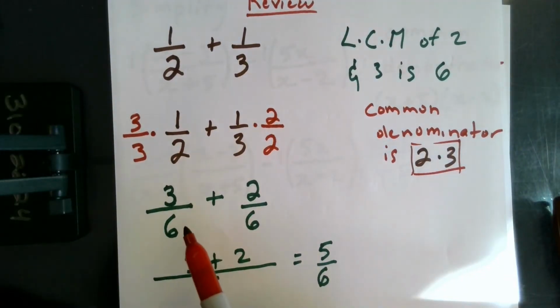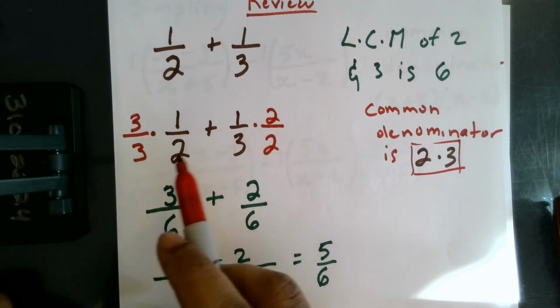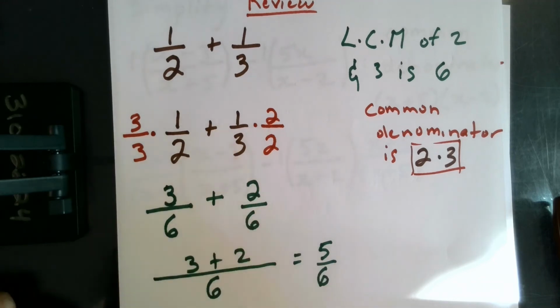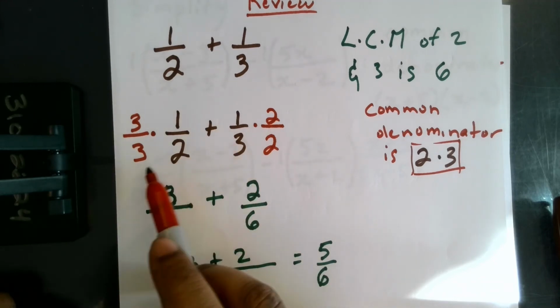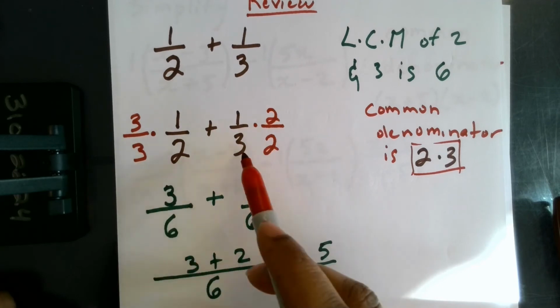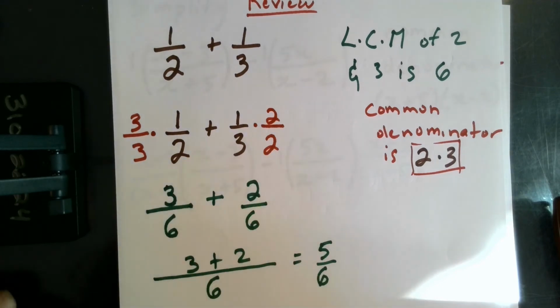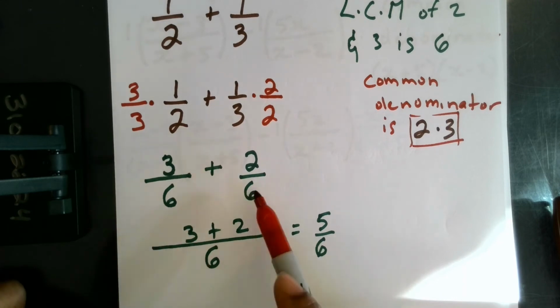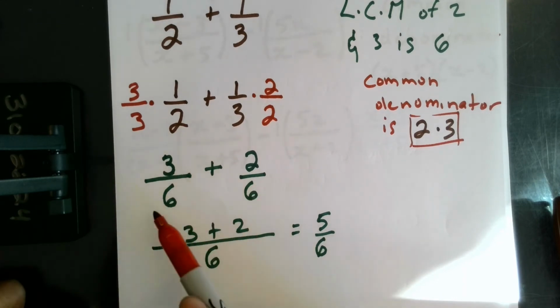Now, notice here we have a common denominator. But in this case, we multiplied the denominators to give us 6 and 6. Now we have a common denominator again, and because of that, we keep it.